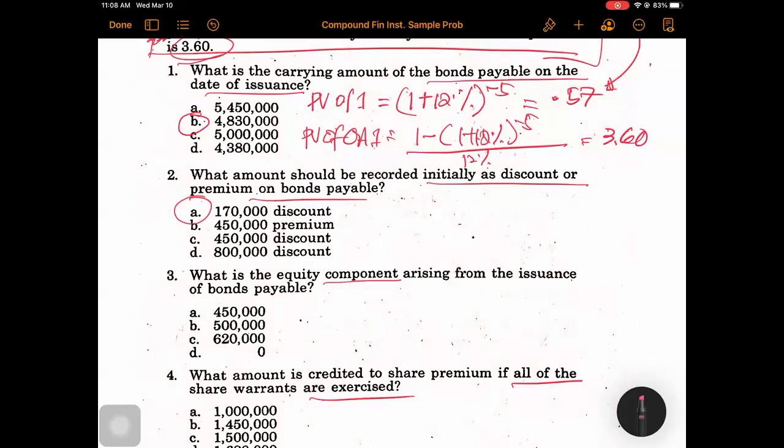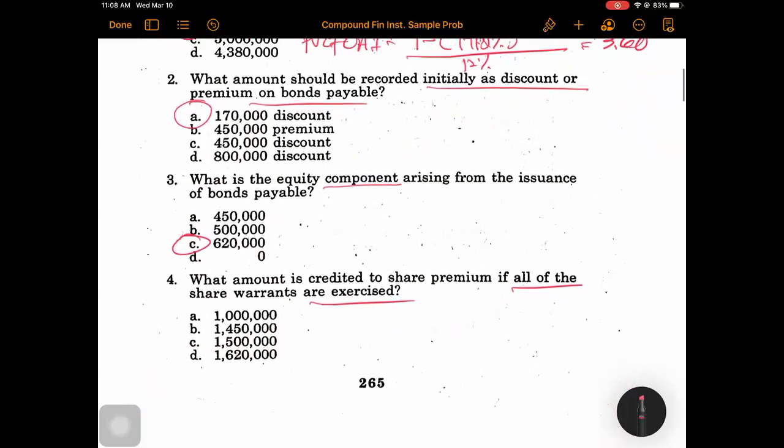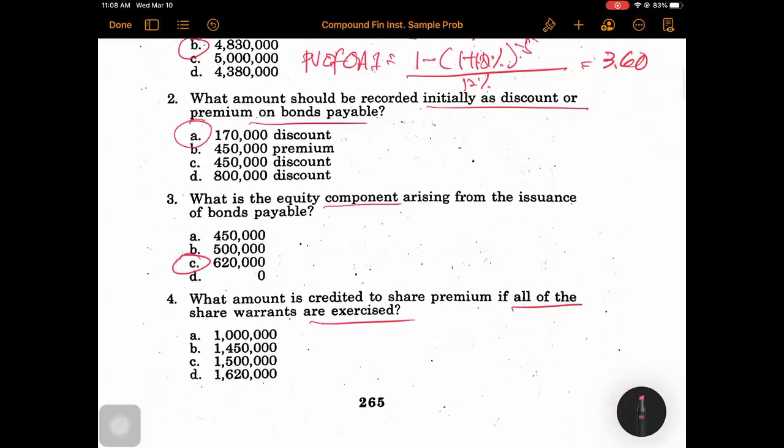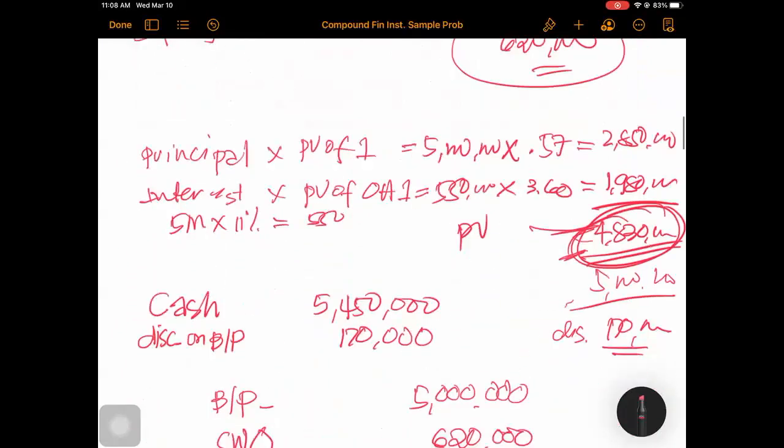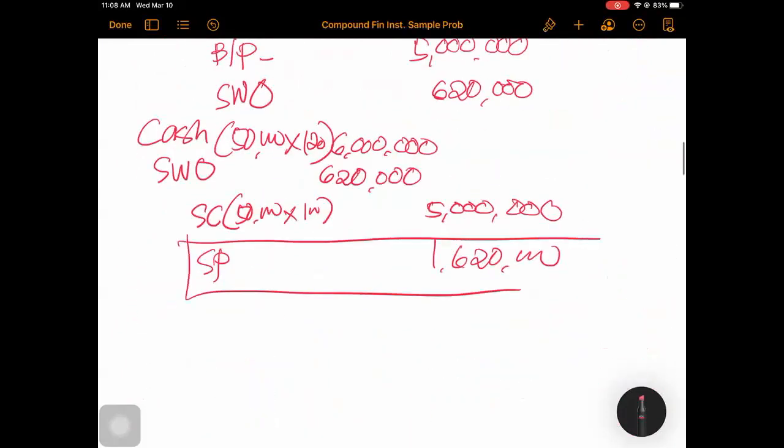What is the equity component? 620,000. Then, pila daw ang na-credit sa share premium upon exercise? So you have 1,620,000. Di ba? Based on our entry, okay, so it's very important that you know how to journalize the entry.